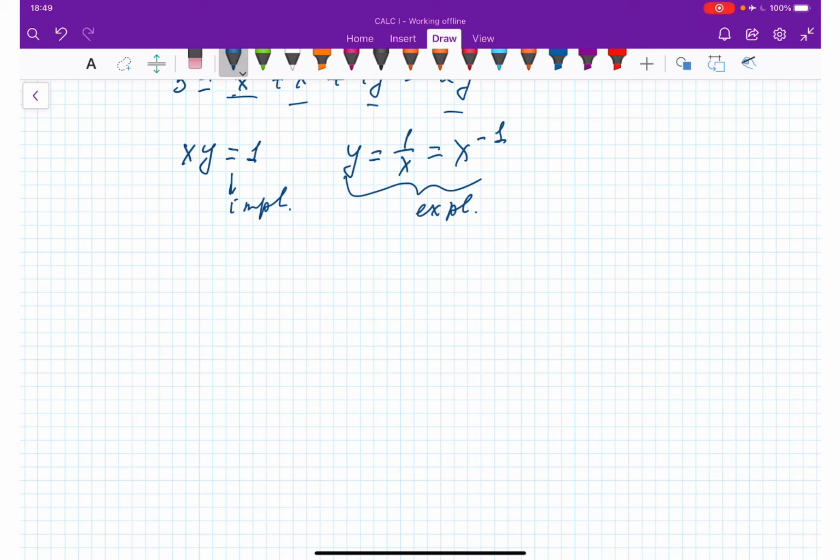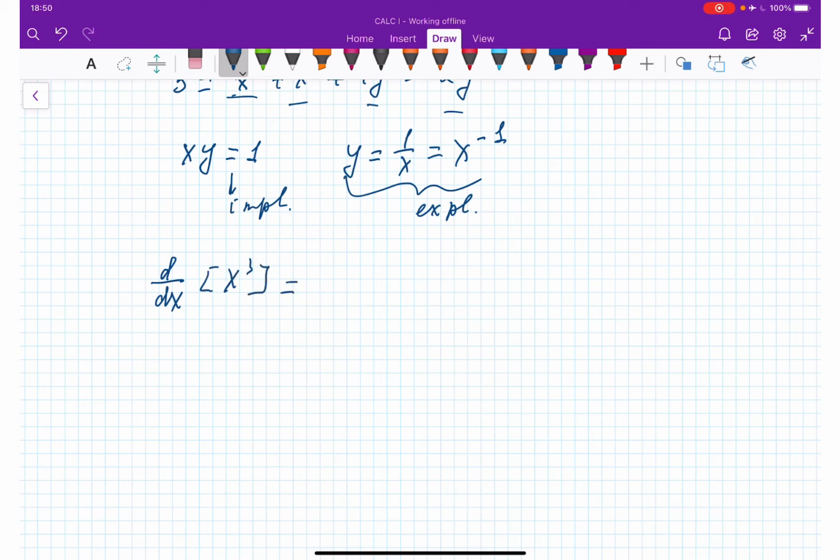Okay. Now let's start with basic examples, how to differentiate with respect to x. So we start with basic stuff. Let's say we need to take the derivative d by dx of x cubed.